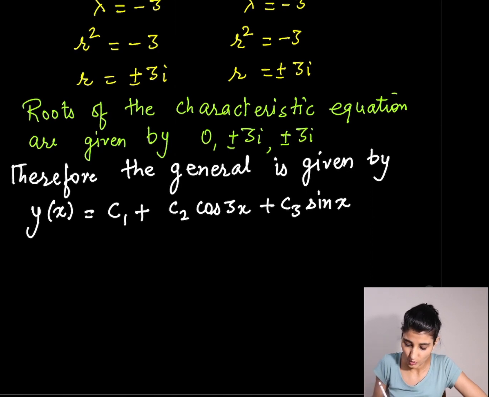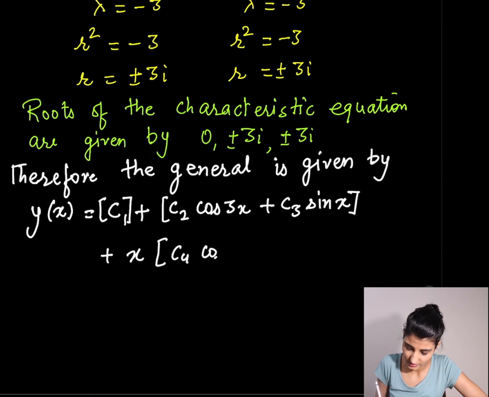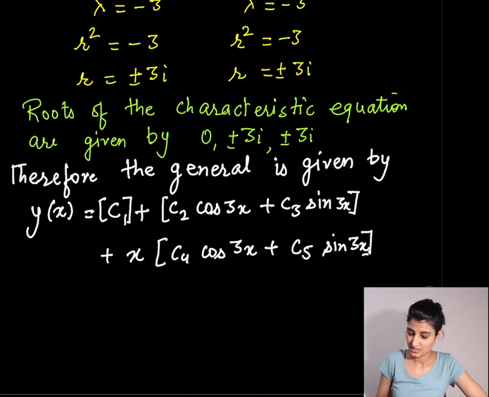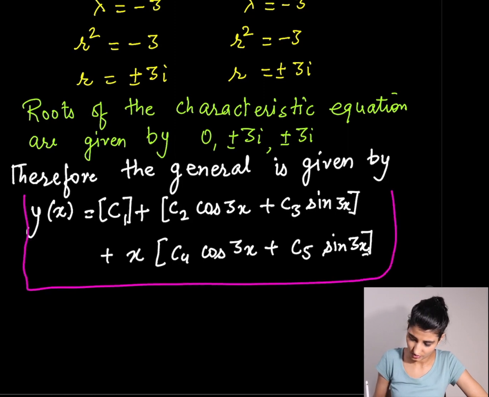So that term we are going to multiply by x: x times c4 cosine 3x plus c5 sine 3x. And this is your solution.